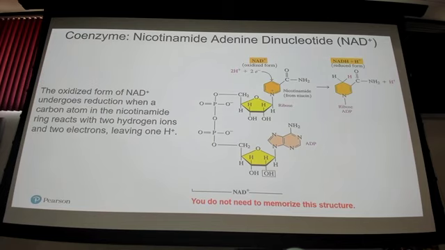Because it gained hydrogen and electrons. So it gains hydrogen and electrons, right? Does that make sense? So this is the reduced form of the coenzyme, NADH plus H+. I might just say NADH for short.